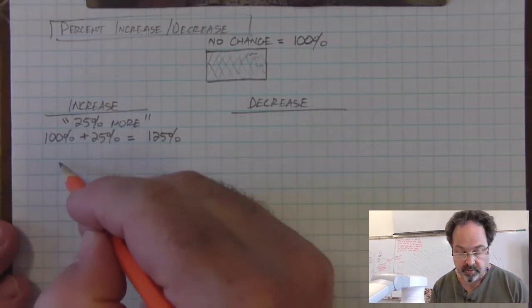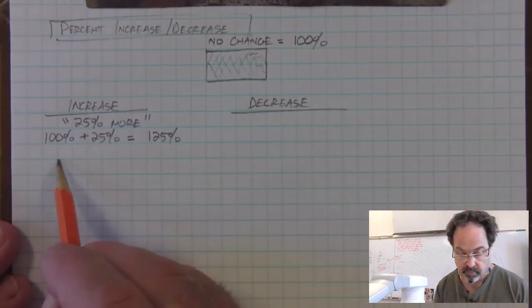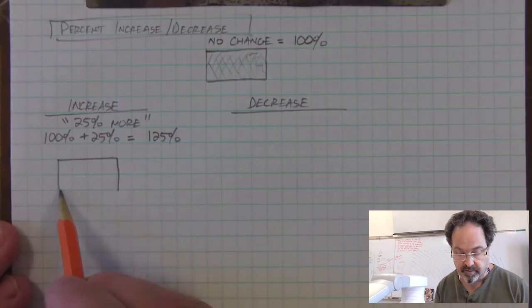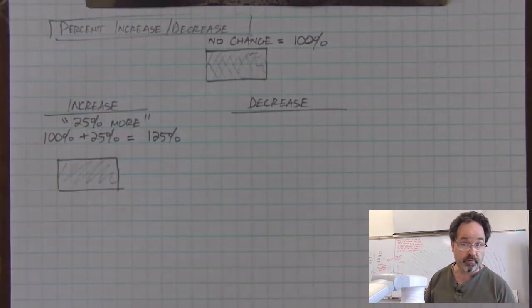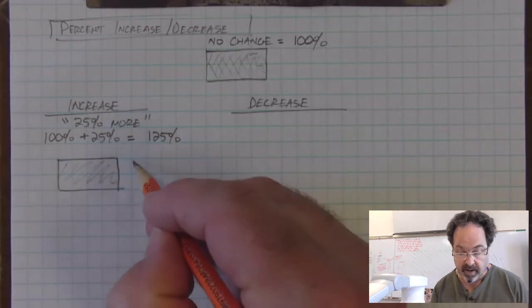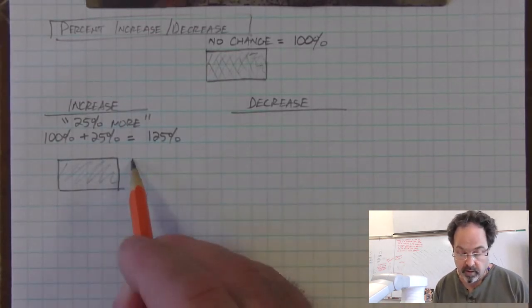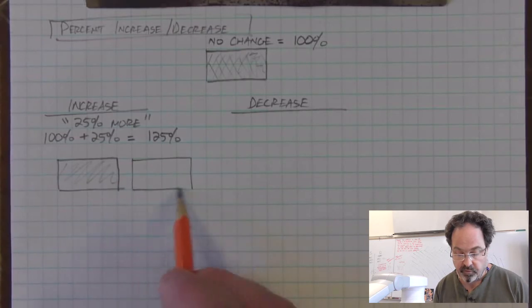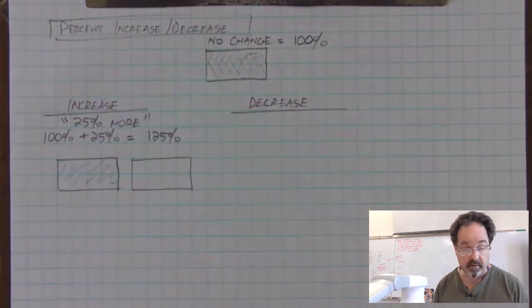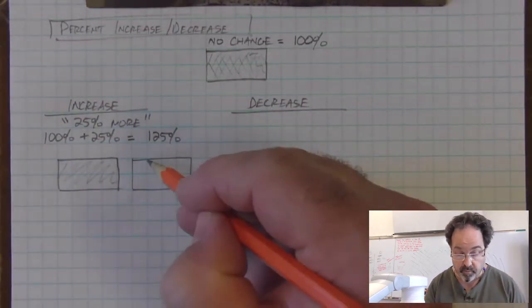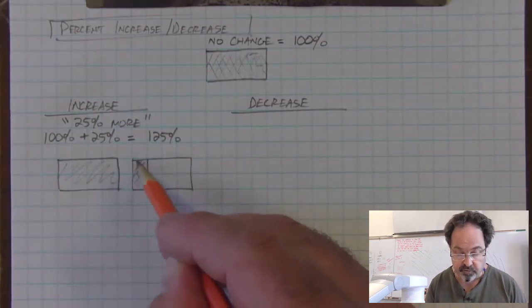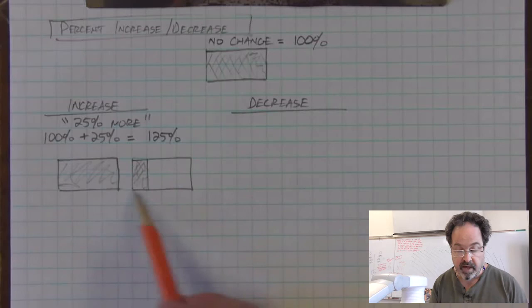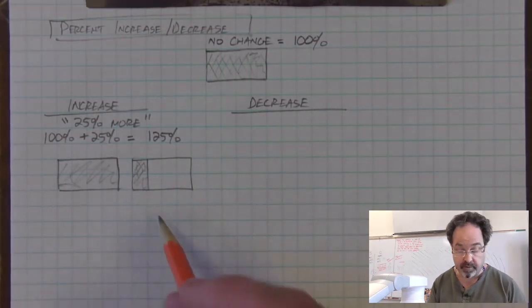Visually, we can represent this with the original rectangle area that we might have started with. That's the 100%. And then we would add another 25%, which could be represented as a second rectangle, but then we're only going to take a fraction of it and shade it to consider how much of that second rectangle we're measuring.